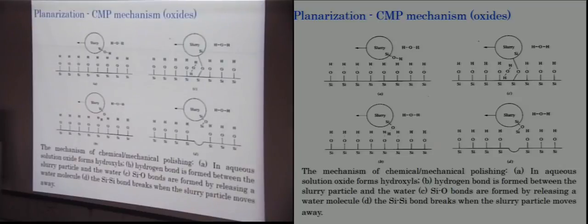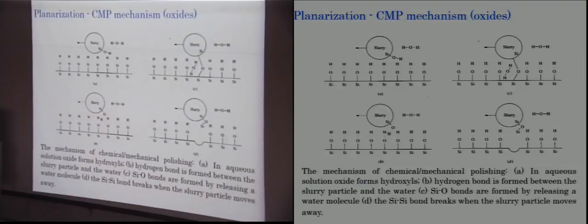This kind of SiOH bond always happens under water conditions or under alkaline conditions. Now your slurry particle, which is also made of SiO2, because it is also in alkaline condition, has this SiOH bond on it. Once the slurry particles come and start to interact more closely with the surface, this SiOH and this SiOH will bond together to form an Si-O-Si bond.